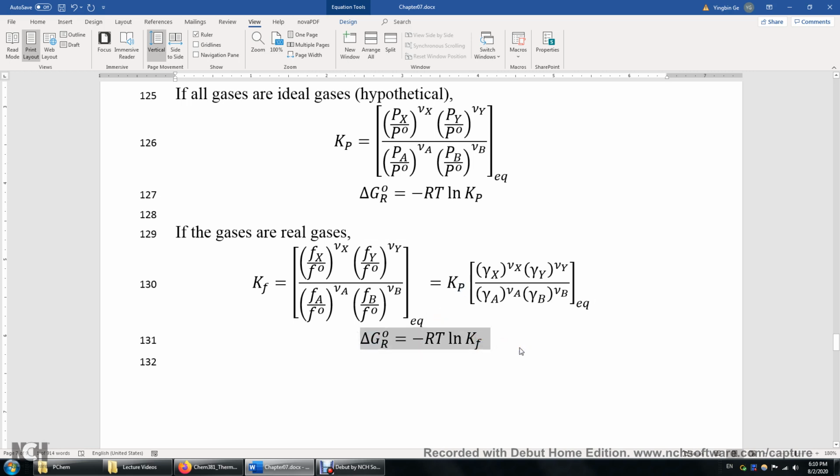The standard Gibbs energy of reaction is negative RT times the logarithm of the equilibrium constant of fugacities instead of pressures. Again, in the end, the fugacity is the effective pressure of the gas that takes the attraction and repulsion into account in the equation for chemical potential.